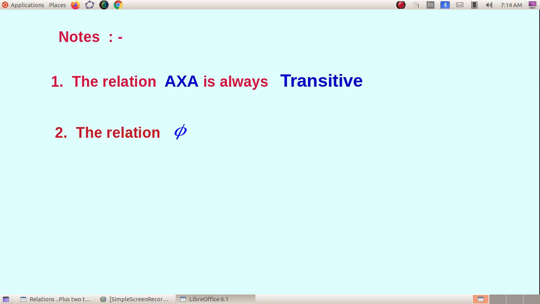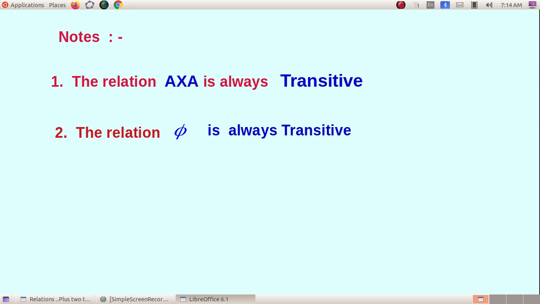What about the relation phi? Is it transitive or not? Can you find any two ordered pairs in phi such that (a,b) belongs to phi and (b,c) belongs to phi such that (a,c) does not belong to phi? No, never. There are no such ordered pairs in phi because phi is the empty relation. It contains no element. Therefore, trivially we can say that the relation phi is transitive.